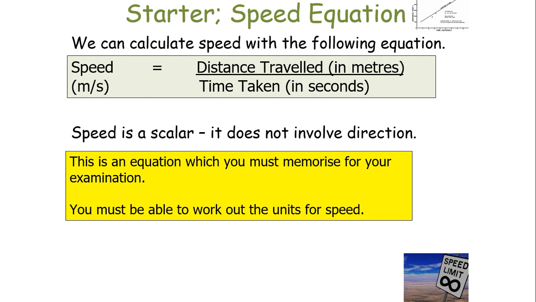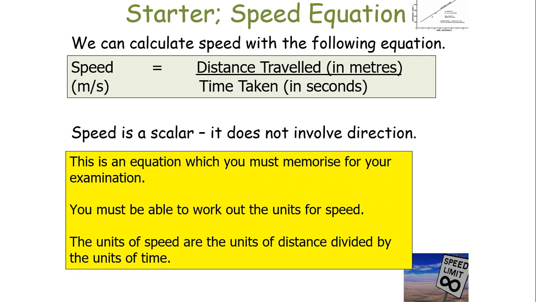You've also got to be able to work out the units for speed. In everyday life, we can use kilometers per hour or miles per hour for speed, but in science we tend to use the units meters per second. This comes from the units of the values in the equation. The units of speed are the units of the distance divided by the units of the time.